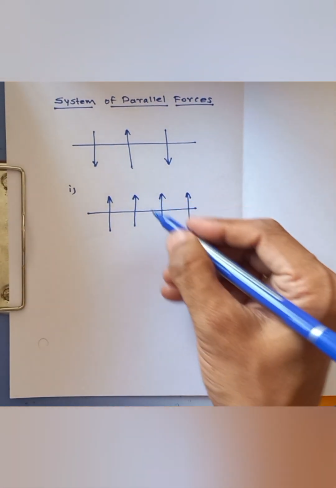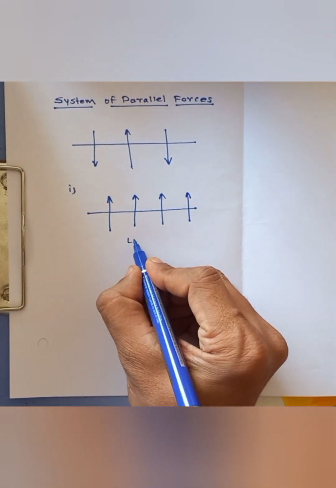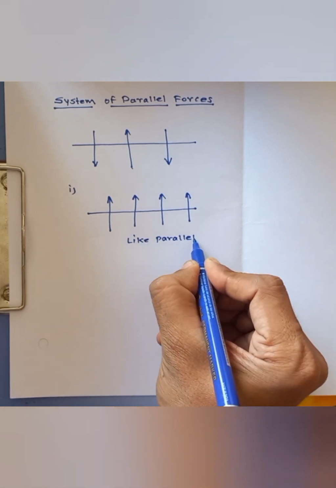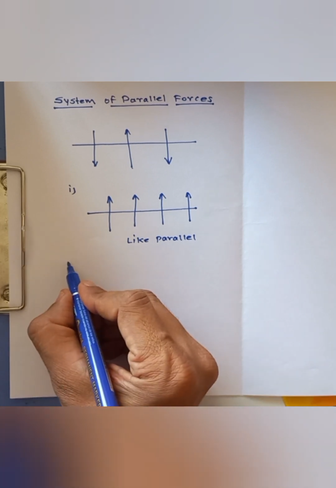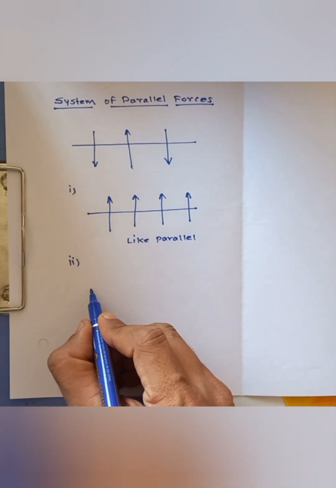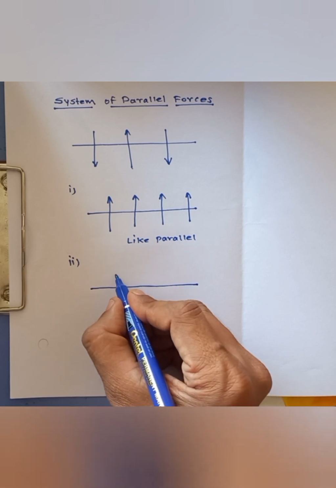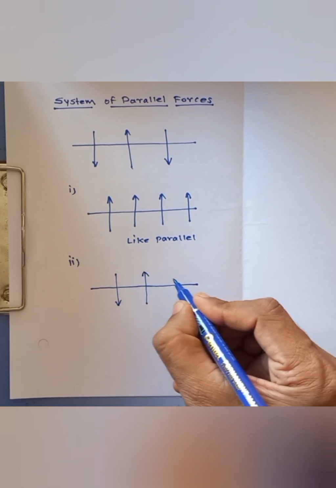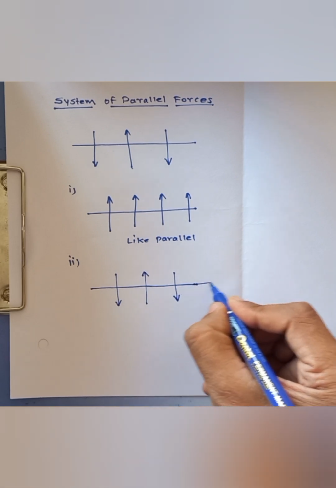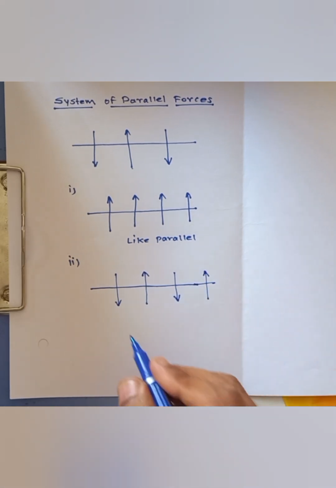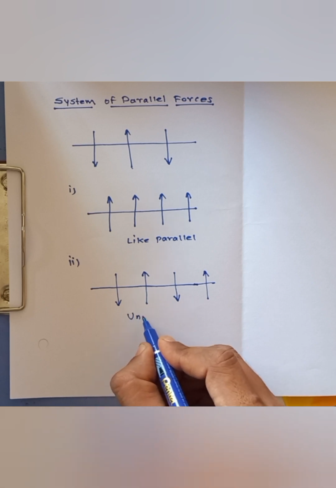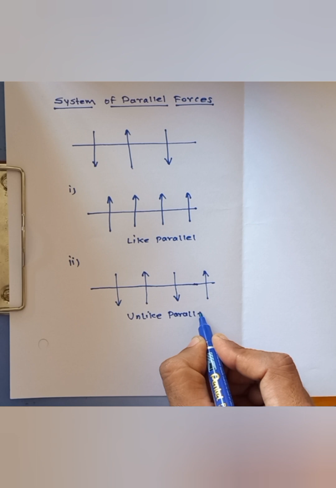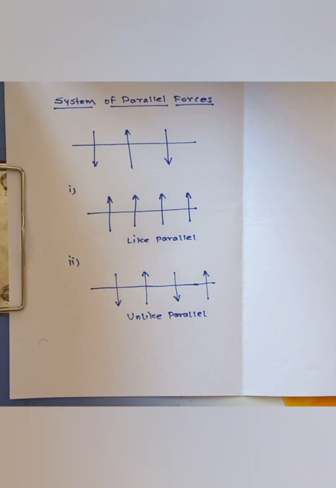If they are in same direction, they are called like parallel. If not, it is called unlike parallel force system. For example, one force is downward, another is upward, again like this, like this. So this is called unlike parallel force system. I hope it is clear to you.